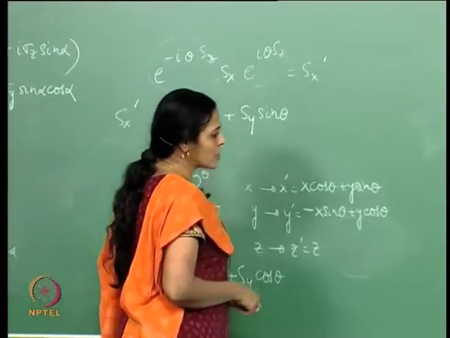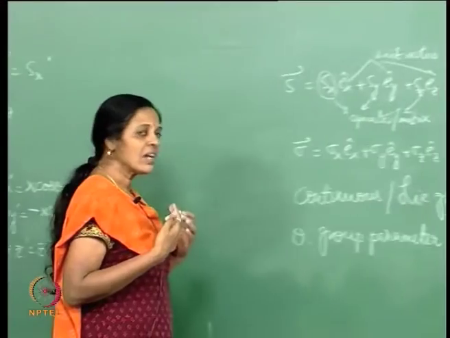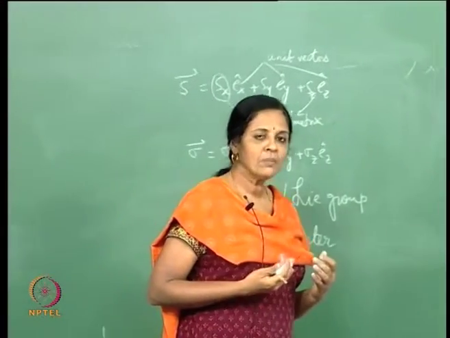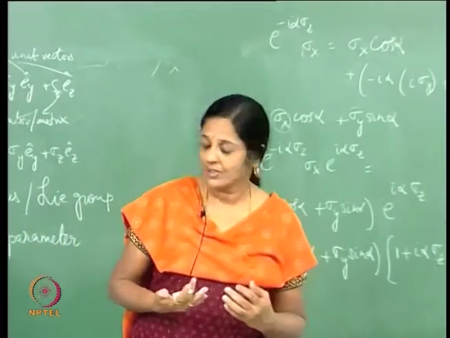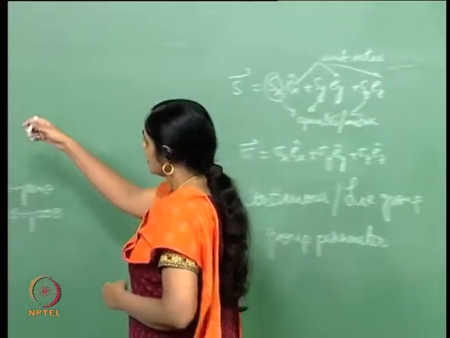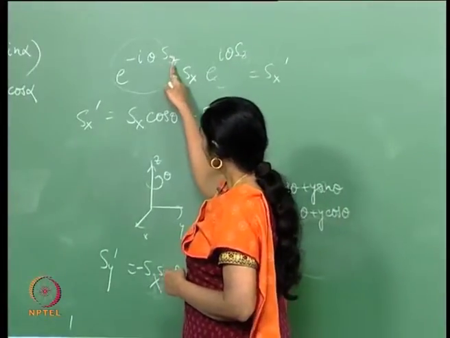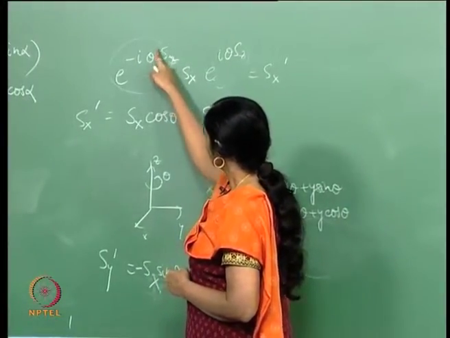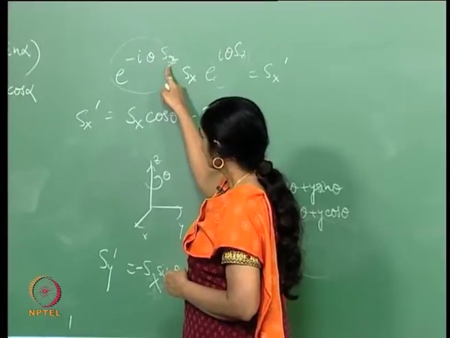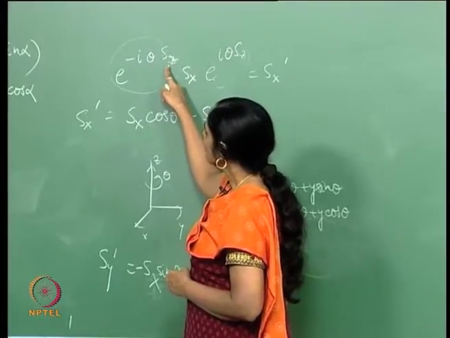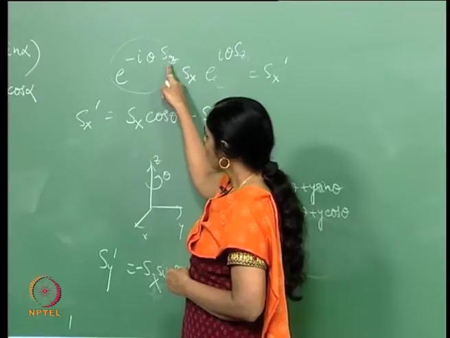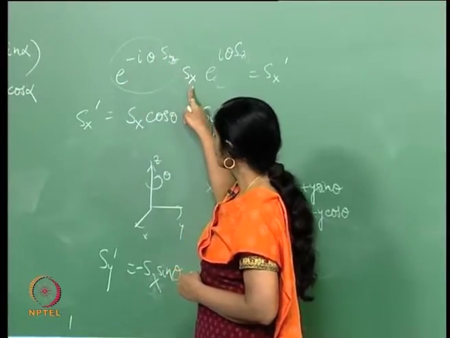For such groups, there is an algebra which is given by the generators of the transformation. The object sitting here next to the group parameter, the non-trivial object, is the matrix or the operator whose exponential is responsible for the transformation.